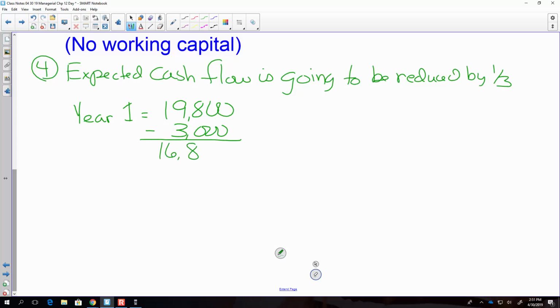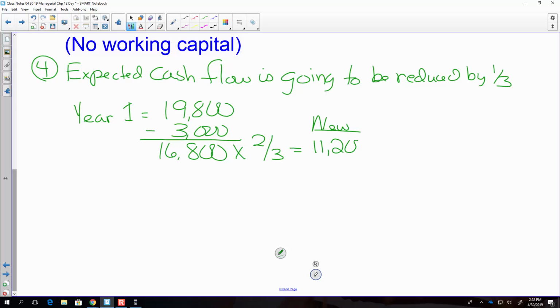My net cash flow is $16,800. I take 2/3 of that amount, which is a 1/3 reduction, and my new cash flow for year 1 is 2/3 of 16,800, which is $11,200.